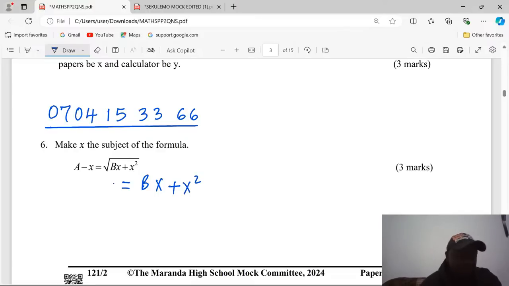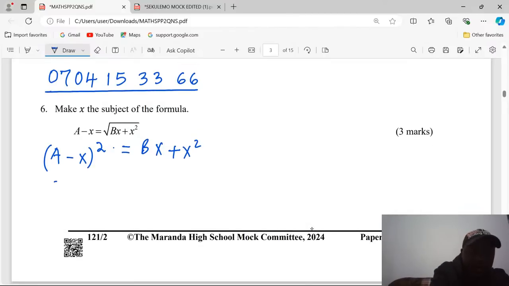Then now the left hand side, you should square with certain order, such that you don't just mess up. So we are squaring everything on the left hand side, such that we get a squared. Then the sign which follows here is a minus. We multiply everything by 2. So 2ax, then plus x squared.